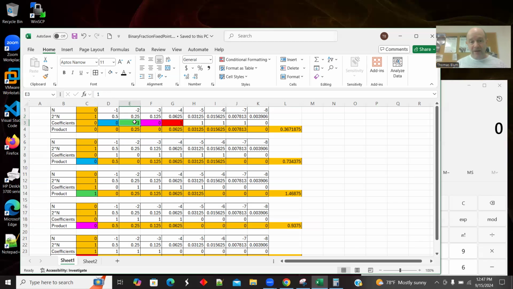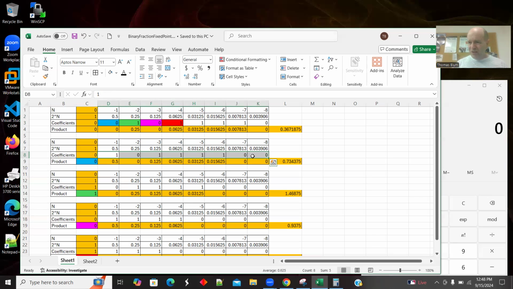So if I multiplied this number by 2, I can think of multiplying all these powers by 2, which would raise them one power, but I can achieve that by shifting my number. So I took my 0, 1, 0, 1, 1, 1, 1 and made it 1, 0, 1, 1, 1, and then put another 0 on the end. And I just copied my formulas down. I shifted my number over by 1.